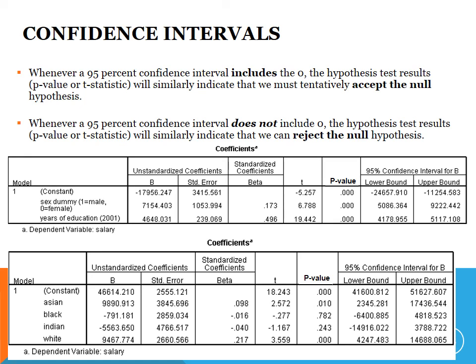Or it could be no relationship at all because it falls within 0. Okay? So we have to tentatively accept that there is no relationship between, or no difference in salary between black and, what's missing? Hispanic. So between black and Hispanics, and between Native Americans and Hispanics.